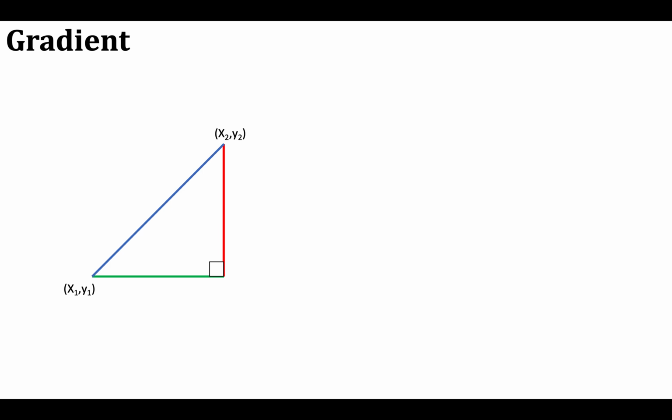The shift in the horizontal here is x2 minus x1, and the shift in the vertical is y2 minus y1. Now we know that that leads to our formula that we're used to for gradient, and we still will be using a lot. So gradient is equal to y2 minus y1 all over x2 minus x1. So that's the shift in the vertical over the shift in the horizontal.